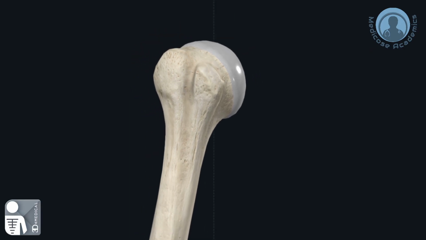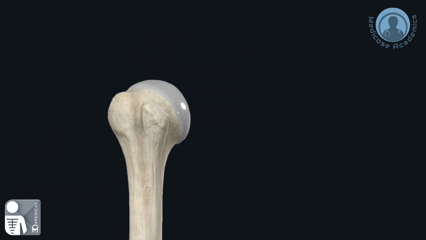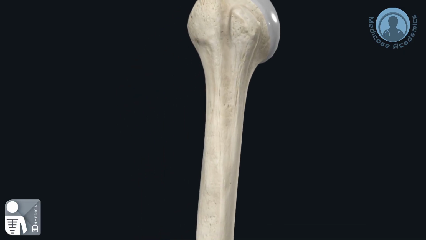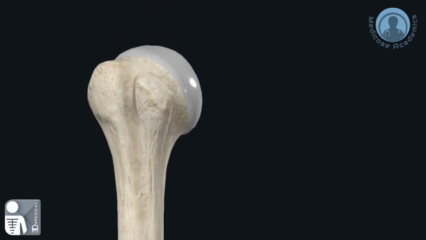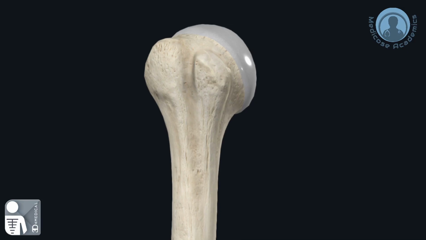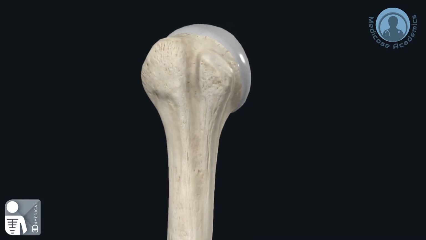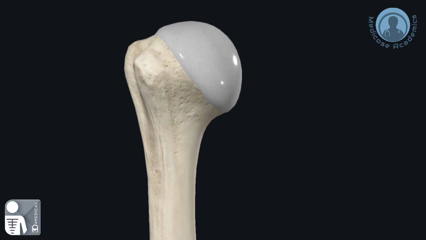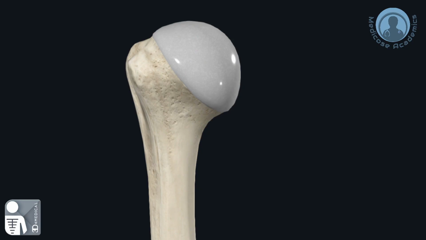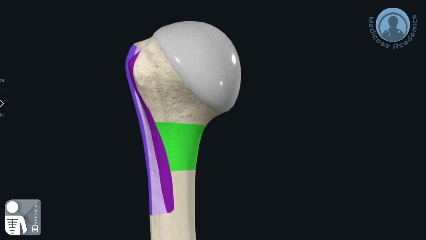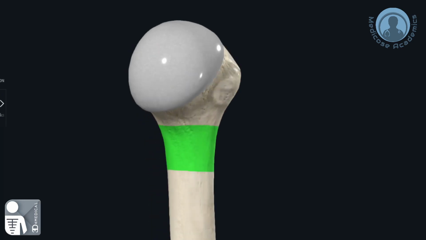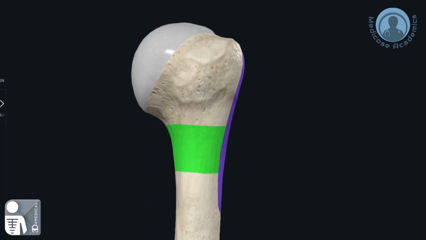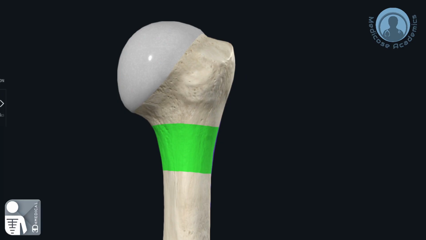This brings us to the surgical neck of the humerus. The surgical neck is the area between the head, the upper end, and the shaft below. This part becomes very clinically important because it is usually broken when the upper end is damaged.